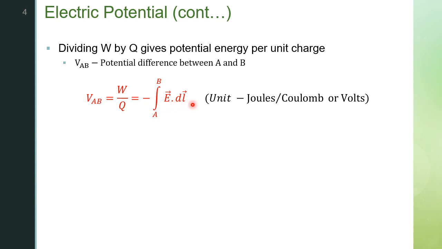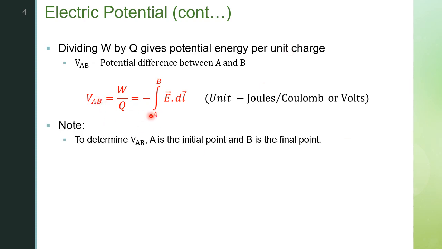So this is the potential difference between 2 points A and B, and since it is W by Q, one of the units you can use is joules per coulomb. Since it is potential, it is a voltage, so the unit can also be volt. Now when you consider the potential, here in VAB, A is the initial point and B is the final point. That is, if you are moving the charge from A to B, A is the first point and B is the second point.